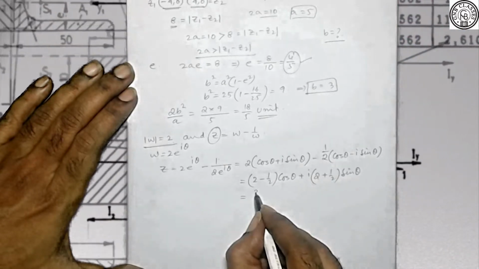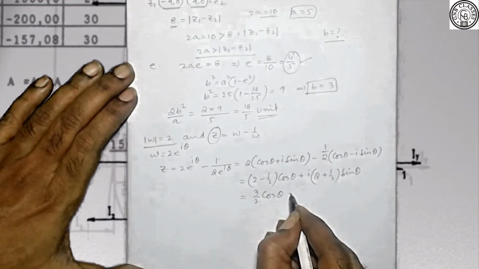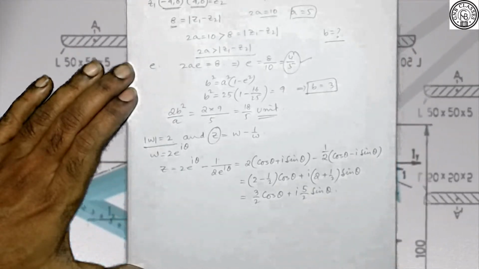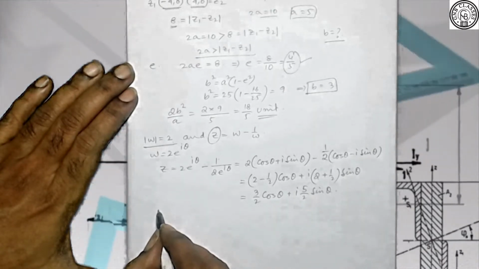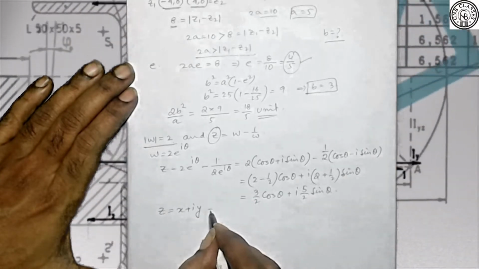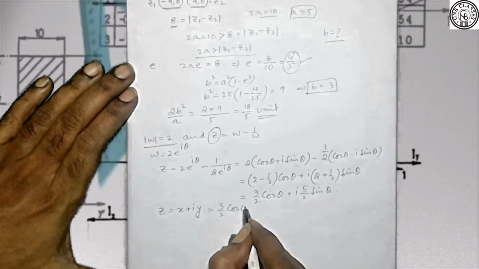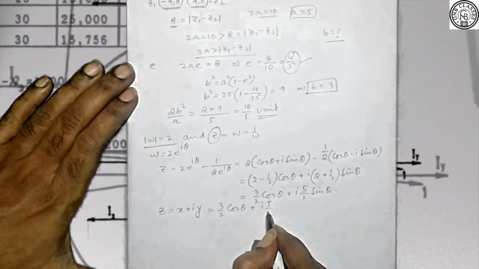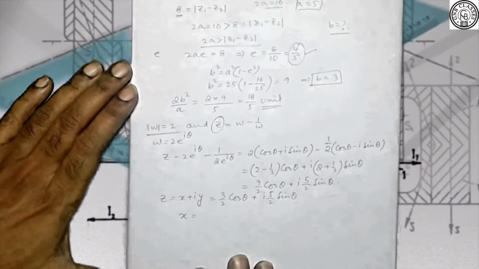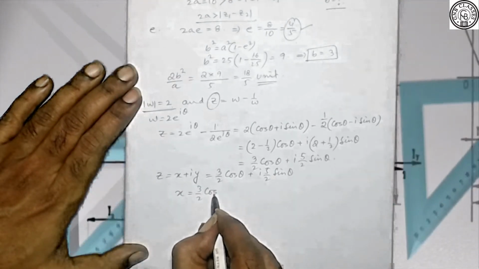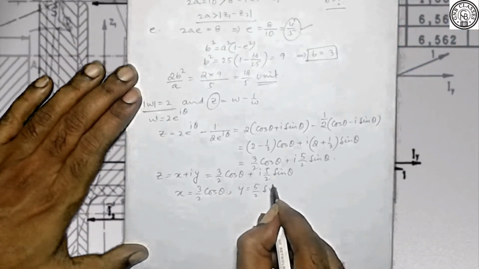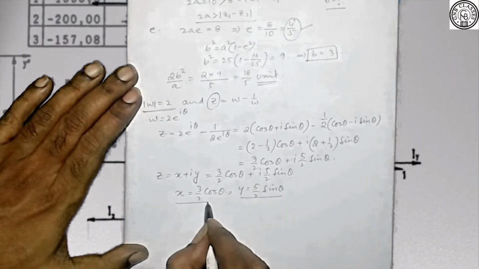That gives us 3 by 2 cos theta plus iota 5 by 2 sin theta. Is it clear? Now if the variable point Z be x plus iota y, so we can write this, if I compare, we are going to have x is 3 by 2 cos theta and y is 5 by 2 sin theta. Okay, this is actually the parametric form.